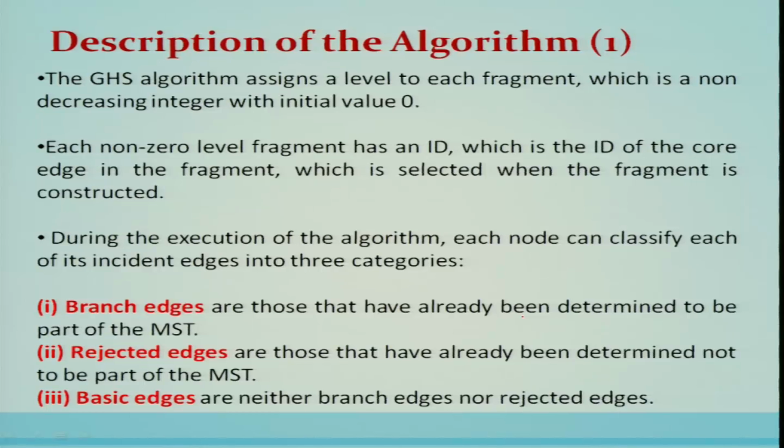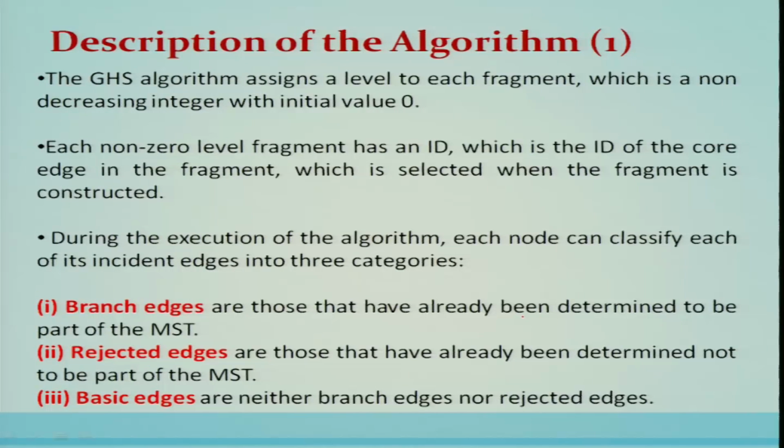Description of the algorithm. The GHS algorithm assigns a level to each fragment which is a non-decreasing integer with the initial value 0. Each non-zero level fragment has an ID, which is the ID of the core edge in the fragment, which is selected when the fragment is constructed. During the execution of the algorithm, each node can classify each of its incident edges into 3 categories.